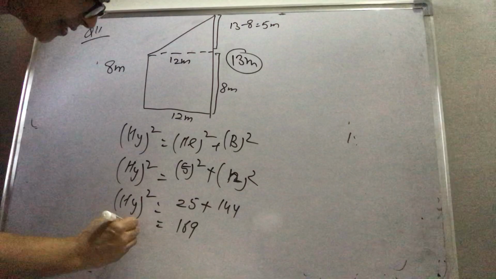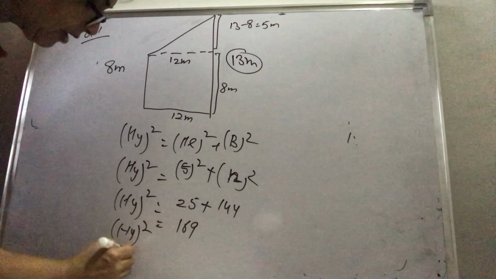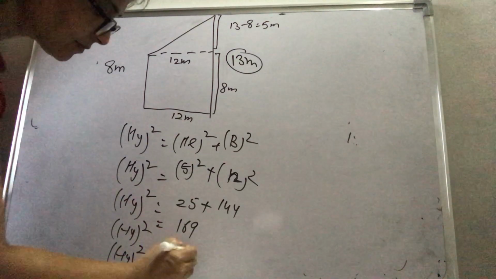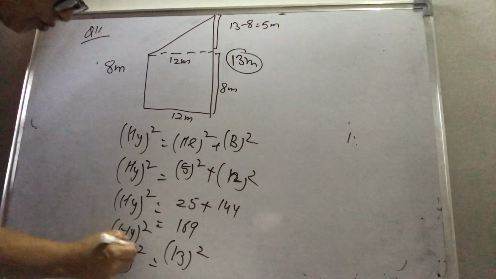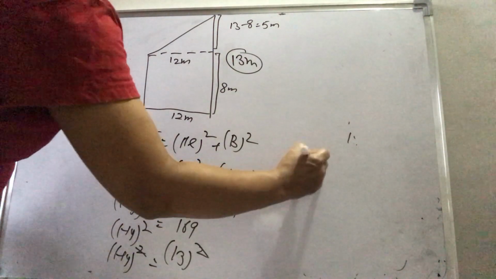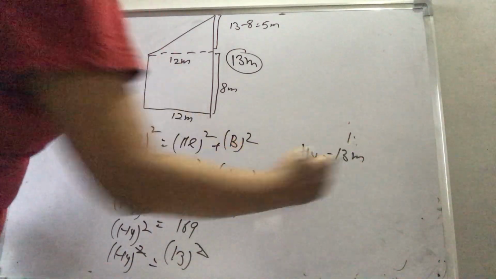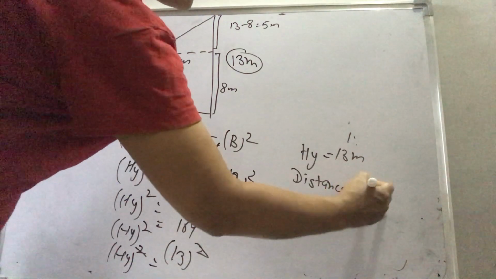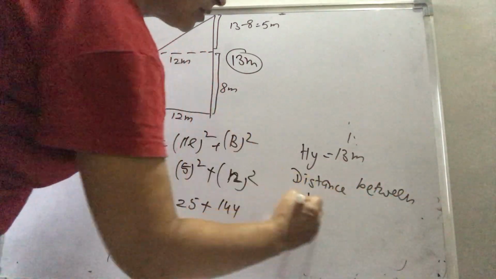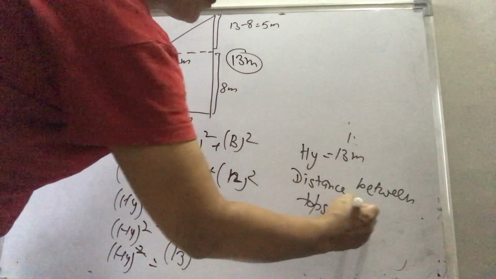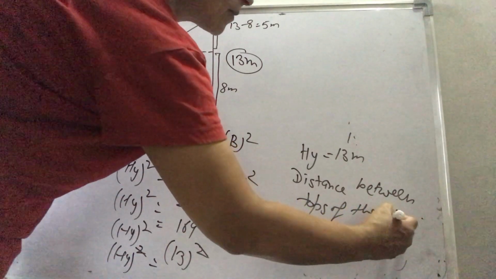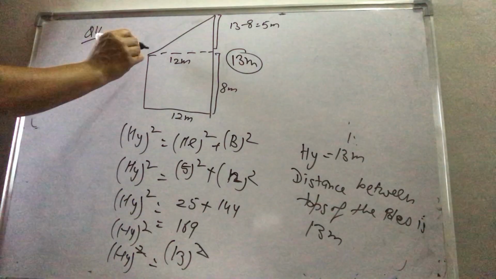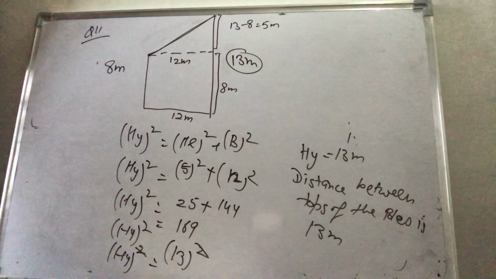So total is 169. And we know 169 is the square of 13. So these two squares will be cancelled. Hypotenuse will be 13 meter. So the distance between tops of the poles is 13 meter.